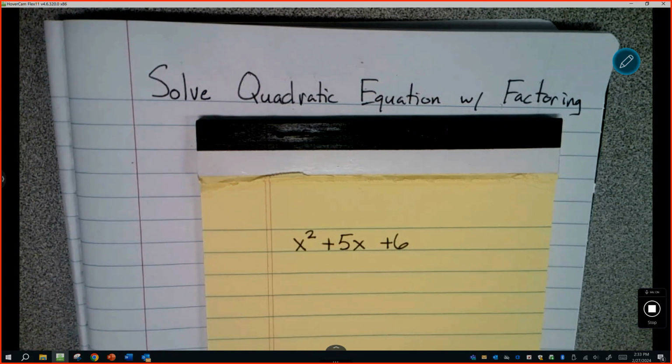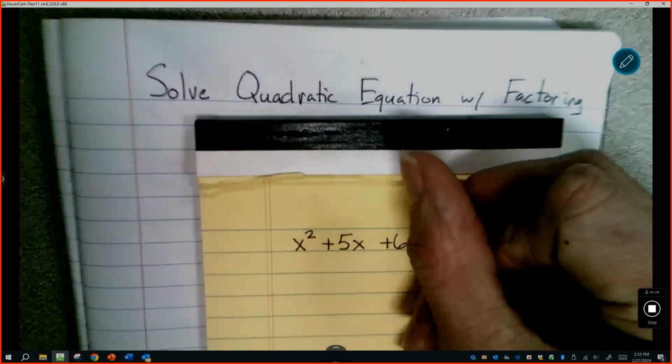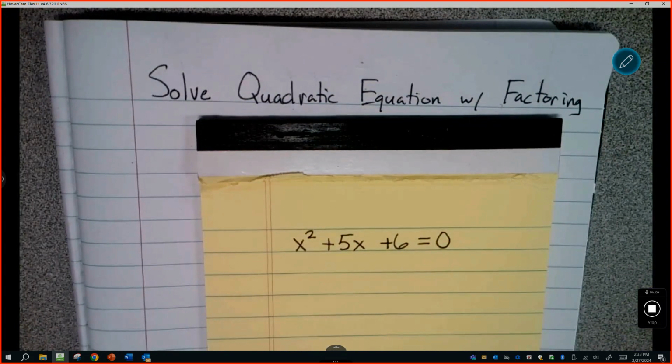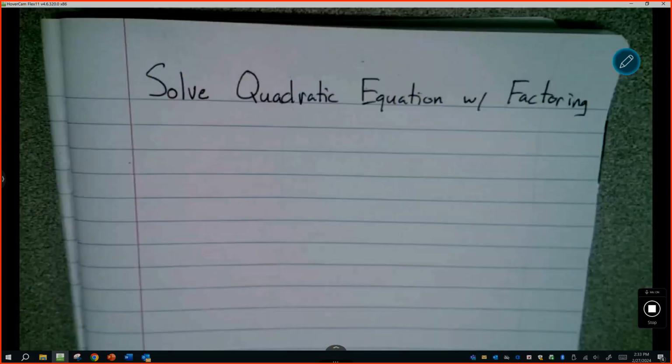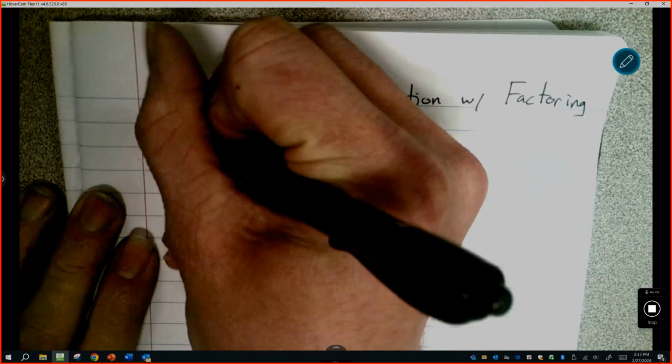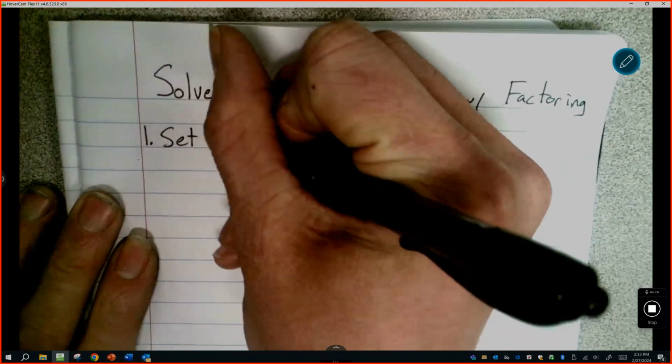The y value is going to be 0. So the first thing that you need to make sure is that your quadratic equation is set equal to 0. Solving quadratics is very different from solving linear equations. So your first step is to set the equation equal to 0.